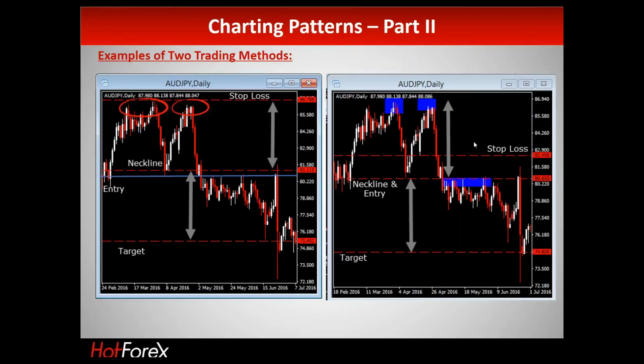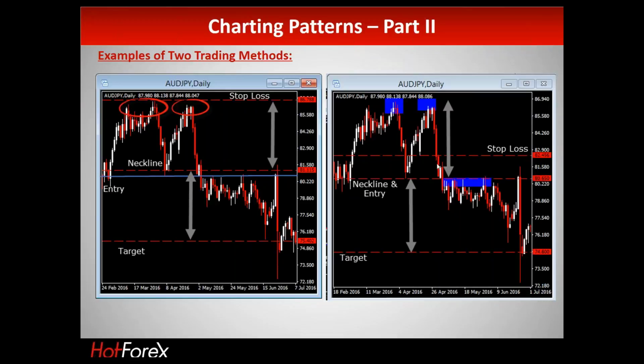The second example, on the right hand side of your screen, is the second trading method. If you don't want the stop loss to be far away due to your margin or whatever, then the second trading method of the double top is entering the market once you confirm that the neckline is becoming a resistance line.